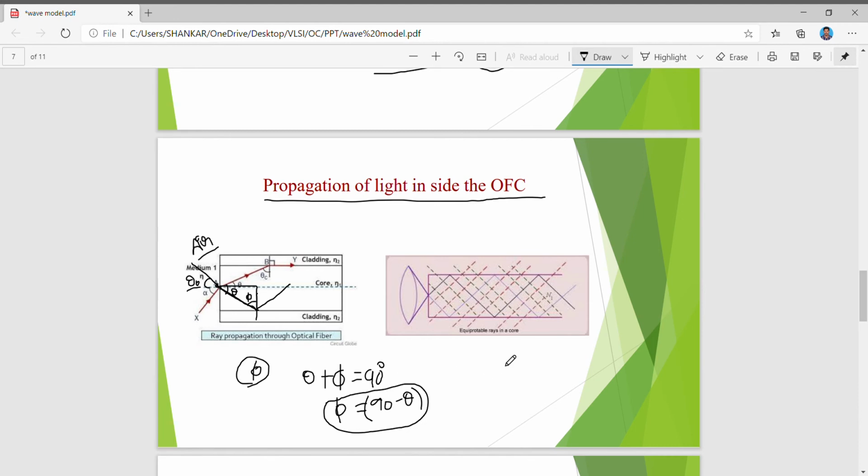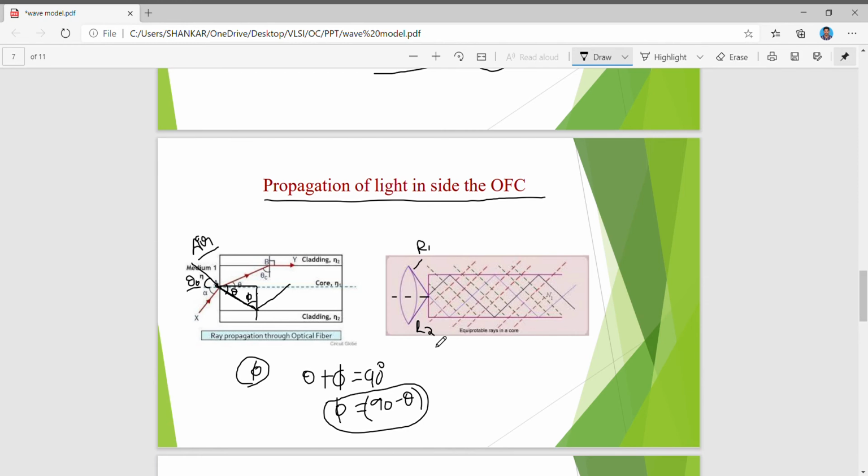come to this waveform representation. This is the axis of the fiber. So I am inserting the signal here. Assuming this is ray 1, and this is ray 2.